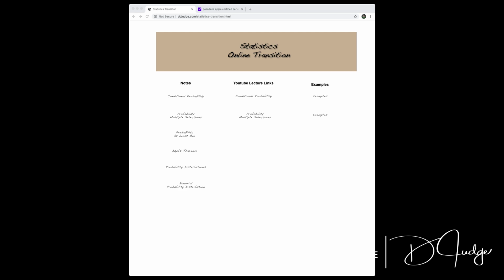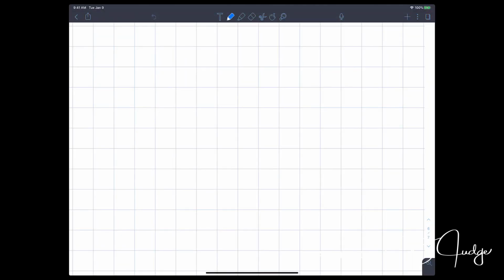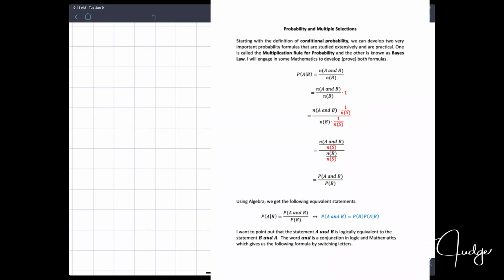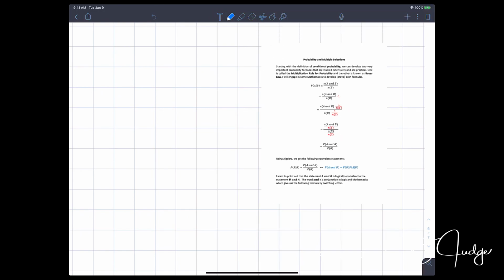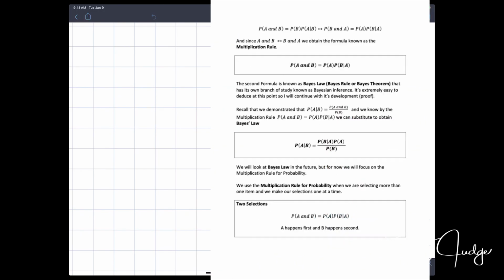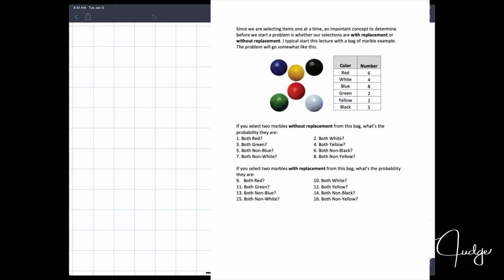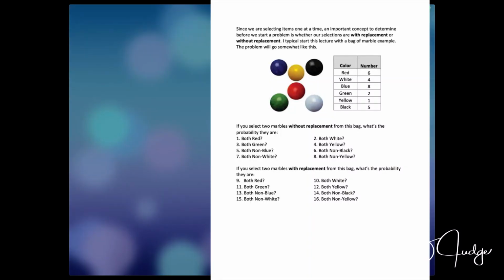We're in Math 227. I'm going to go to the iPad. We were working on probability and multiple selections. Let's go down to some of these questions; these are the ones we did yesterday.